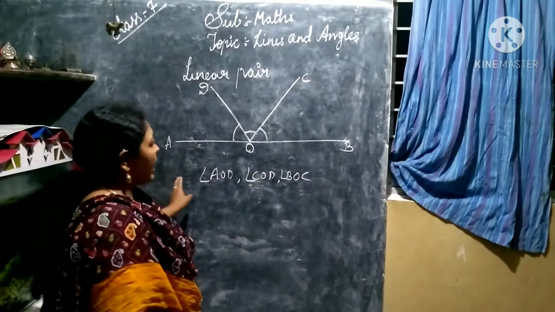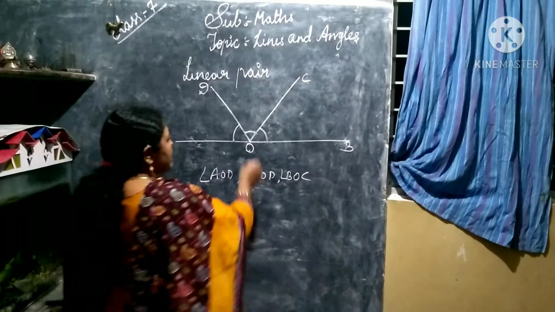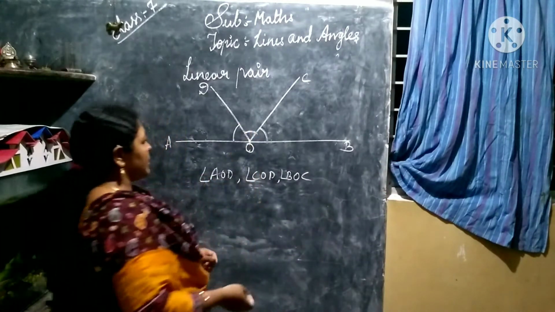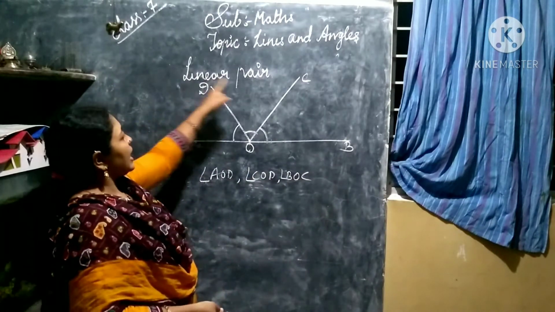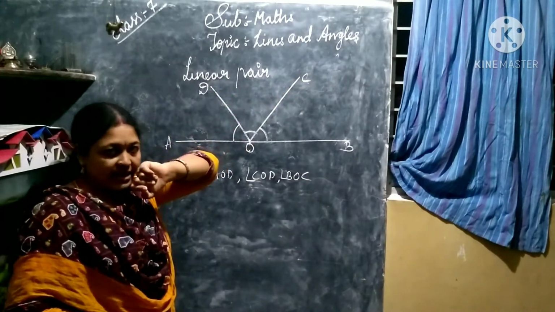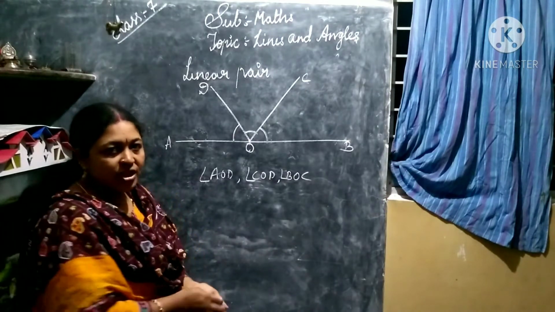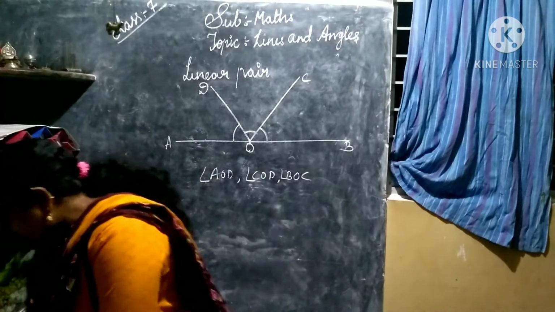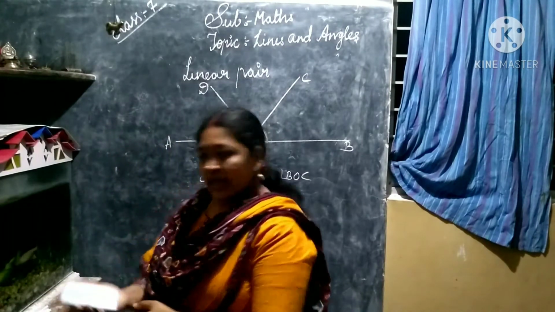All these three angles lie on a straight line because they have a single vertex point here. Then these angles are called a linear pair. Is that clear, children? So we'll move on to our exercise 5.1 so that we'll understand our chapter better.